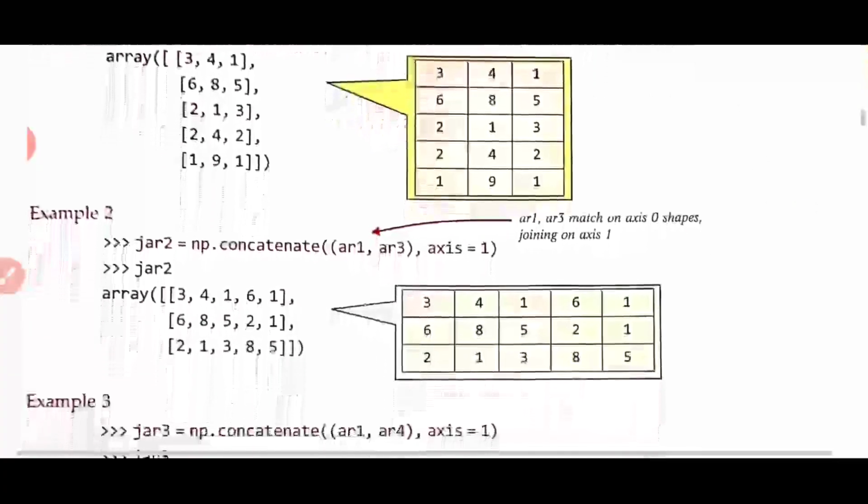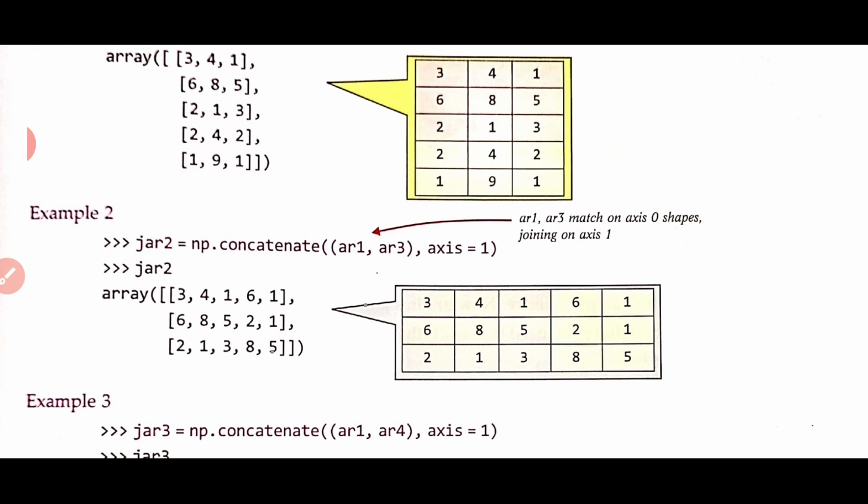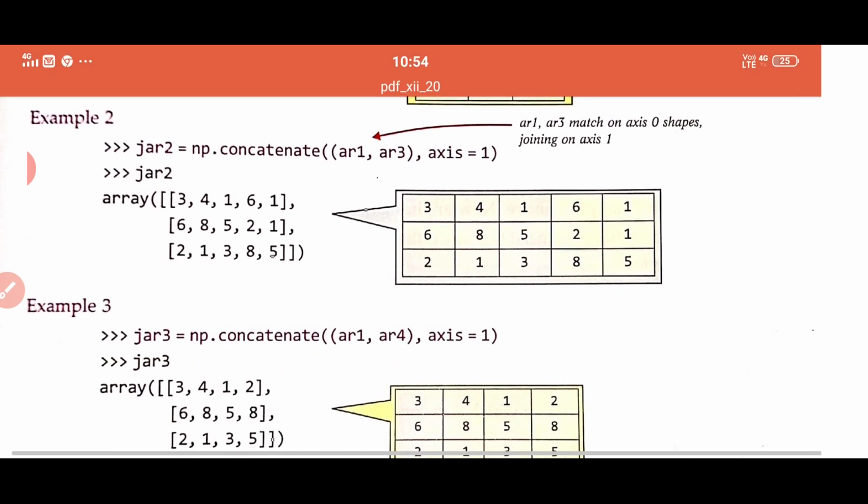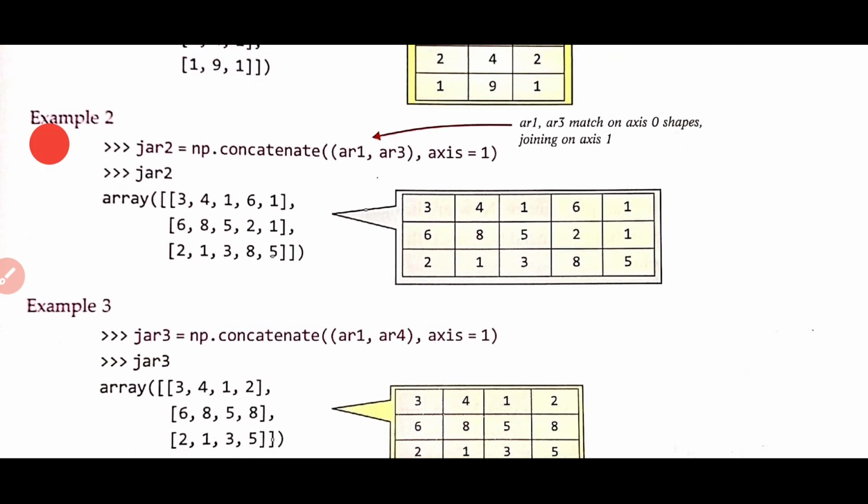Example 2. jar2 is equal to np.concatenate(AR1, AR3, axis=1).